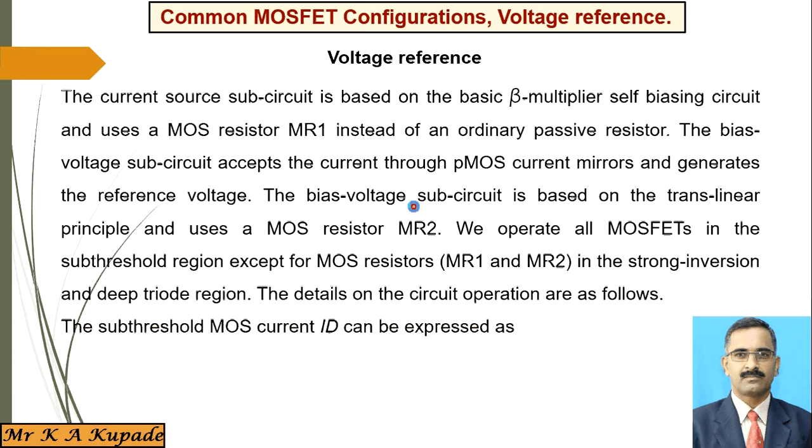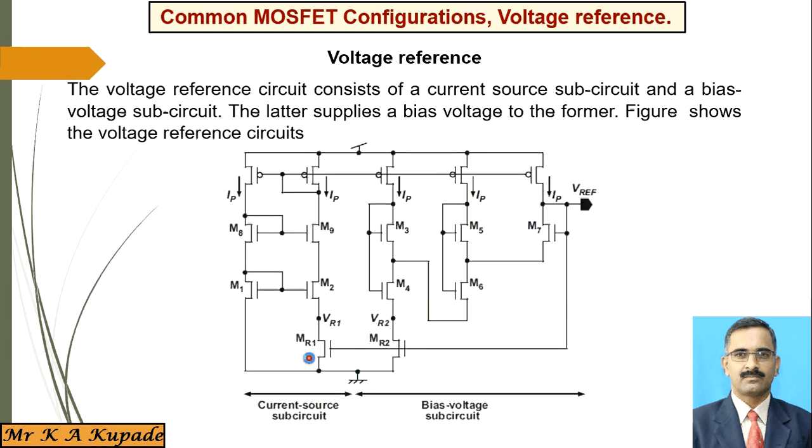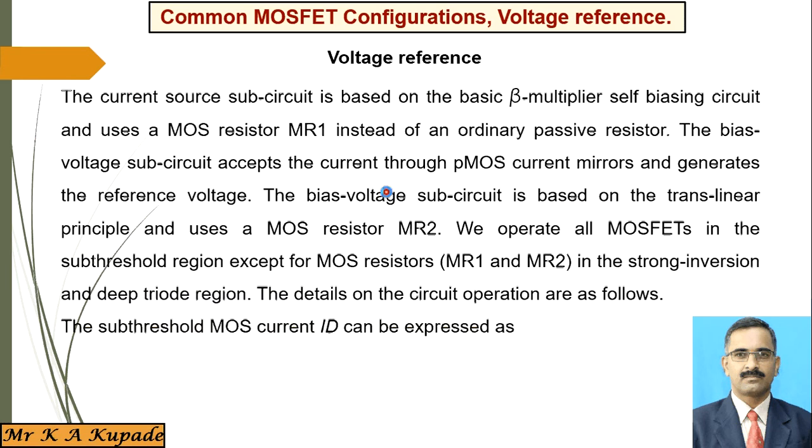Now the current source sub-circuit is based on the basic beta multiplier self-biasing circuit and uses the MOS resistor MR1 instead of an ordinary passive resistor. See, here MR1 acts as the MOSFET resistor instead of an ordinary resistor.